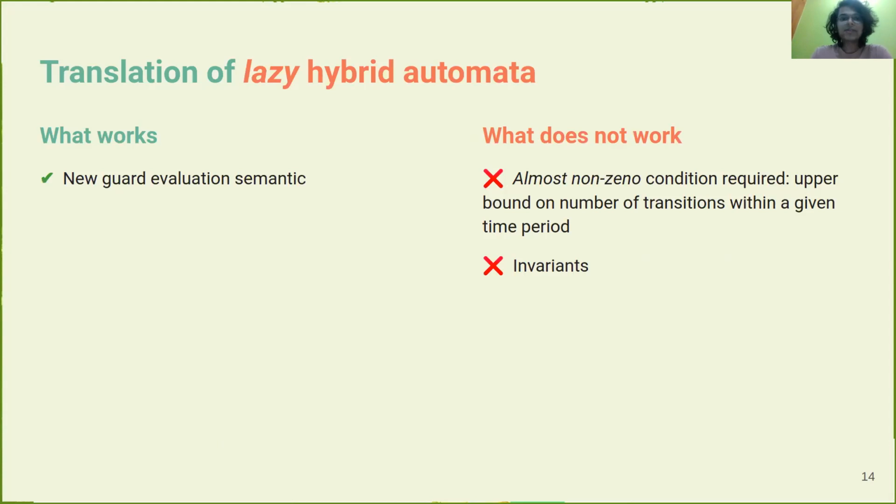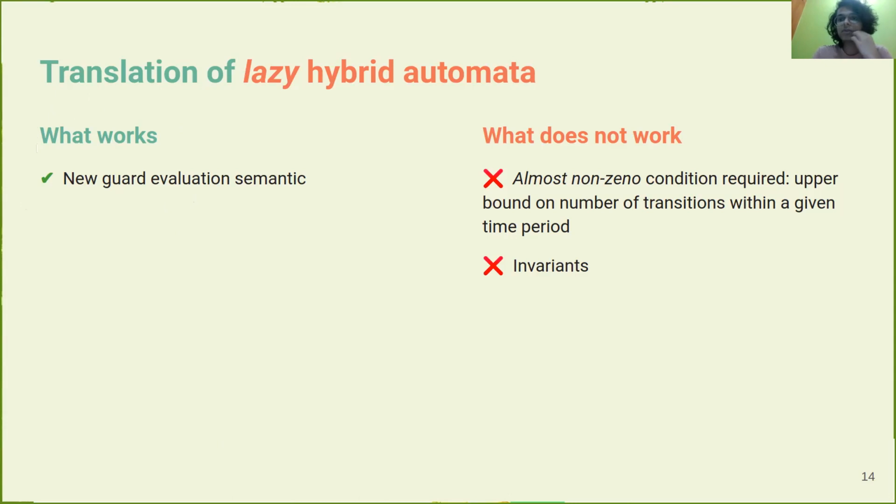When we are trying to translate a lazy hybrid automaton, what we can capture within the translation is the new guard evaluation semantic, the delayed guard evaluation semantic, which allows us to evaluate our system variables at a point in the past.